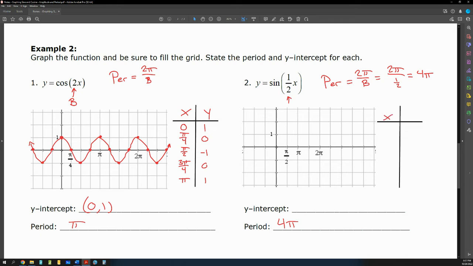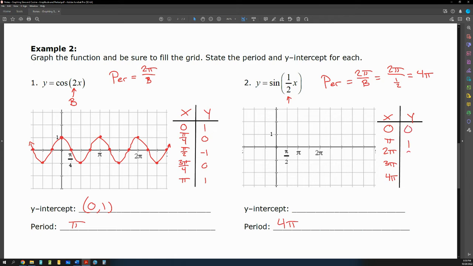Okay? So to get those 5 values, again, we could go from 0 to 2 pi and then multiply them by 2. So we have 0, pi, 2 pi, 3 pi, and 4 pi. Okay. Our y values for the sine are unchanged. This is only a transformation to the input.